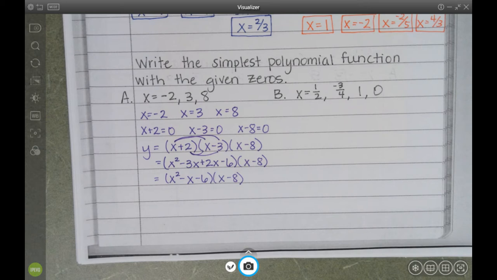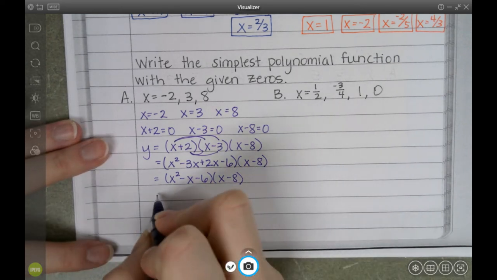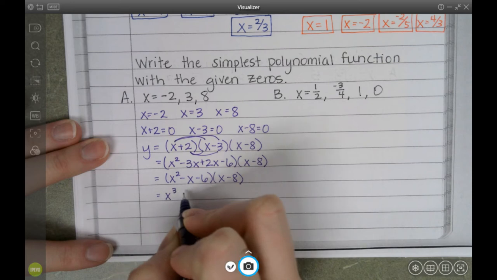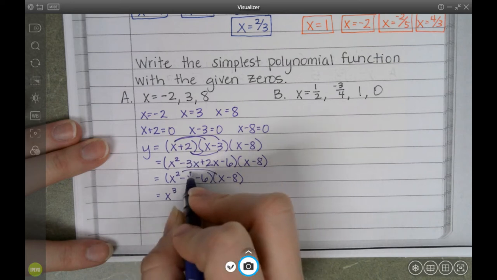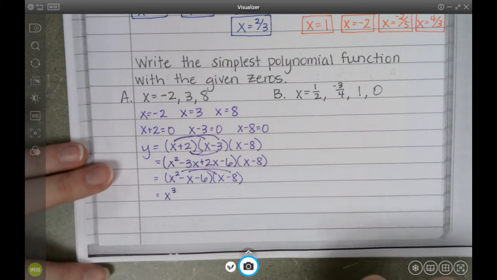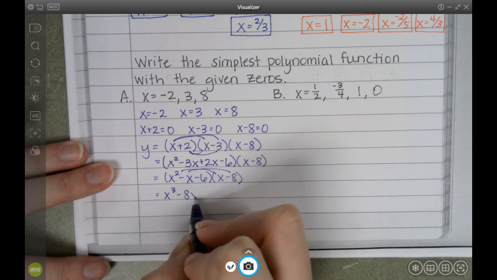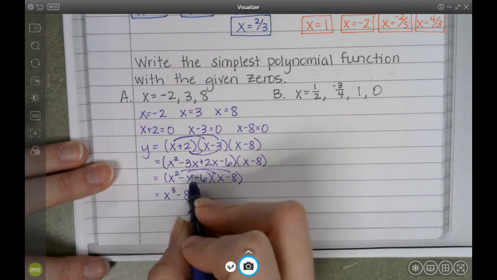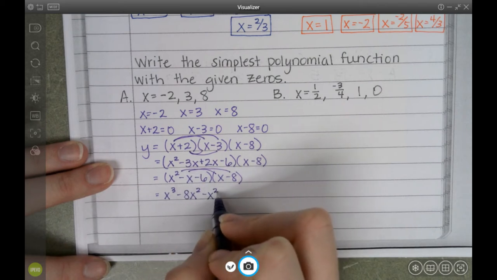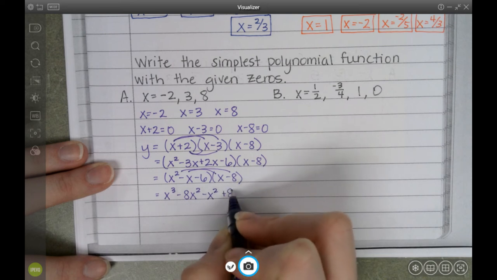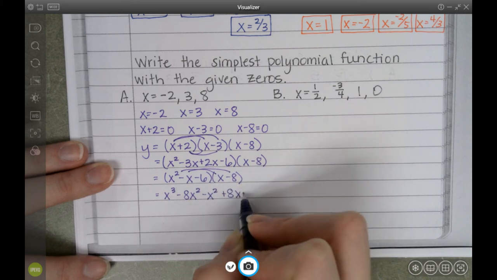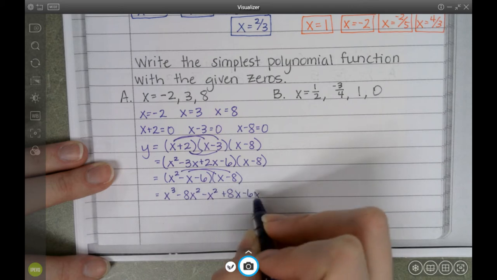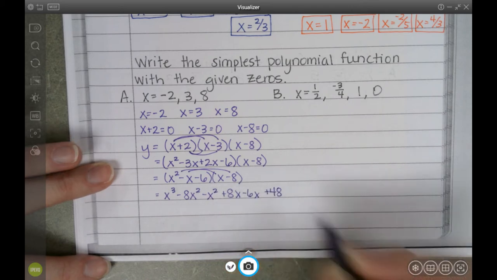And then distribute again. We're on page 65 in the notebook. You get x cubed minus 8x squared minus x squared plus 8x minus 6x plus 48.